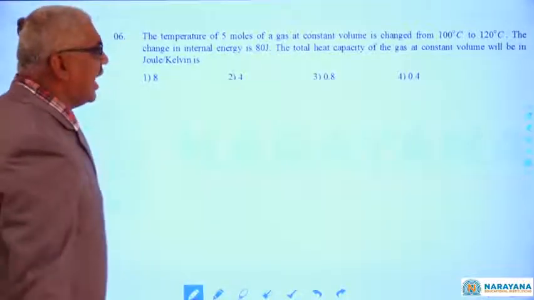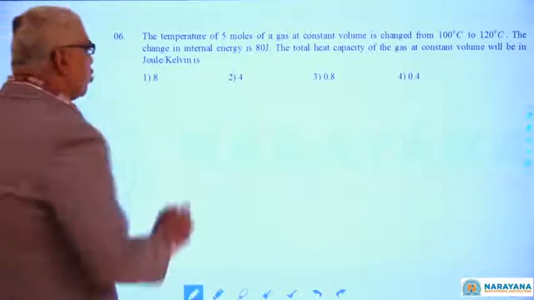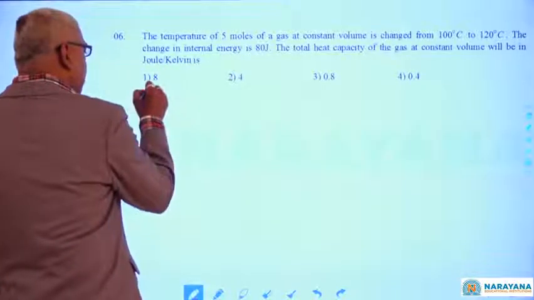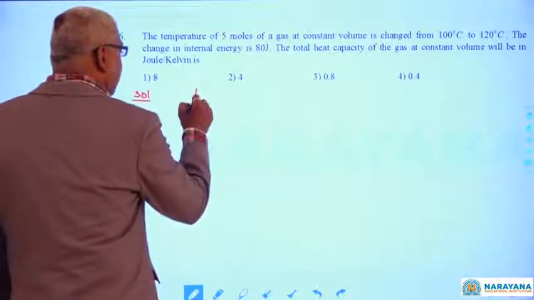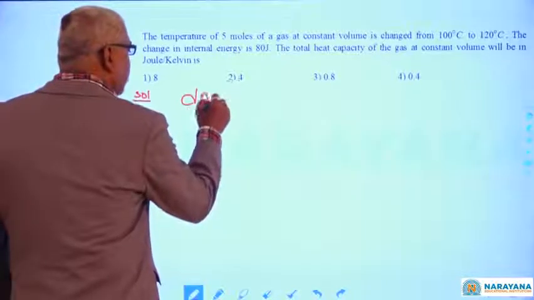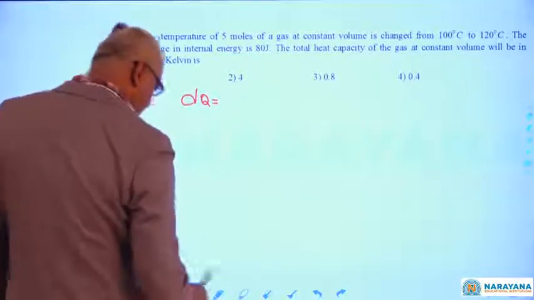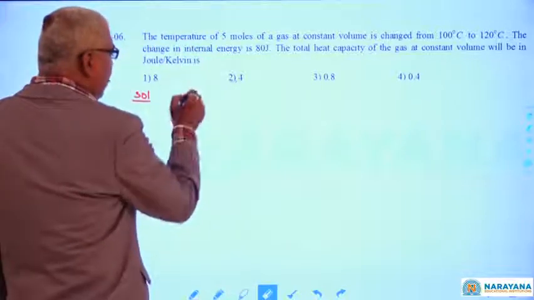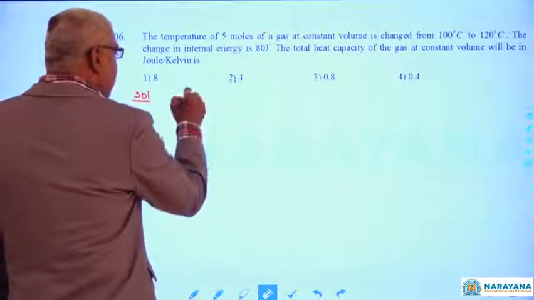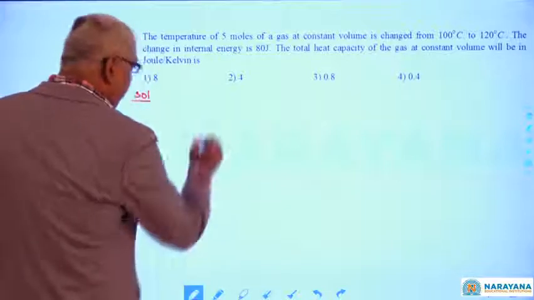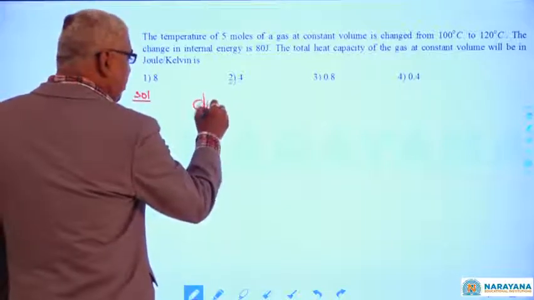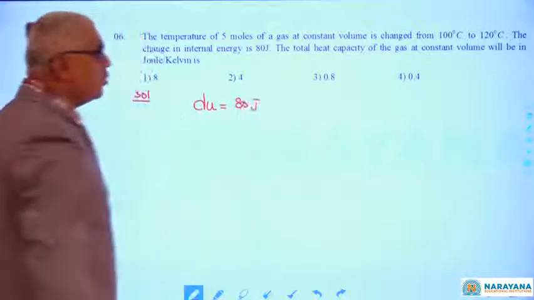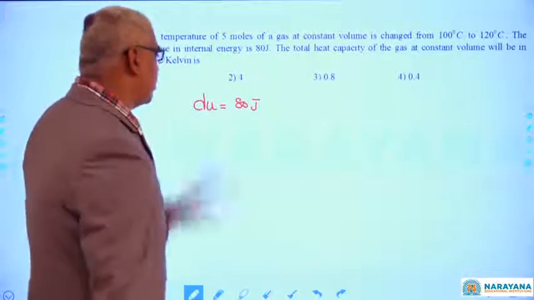Simple thing. Actually, internal energy is given for us. Internal energy I will say as dU equals 80 joules.